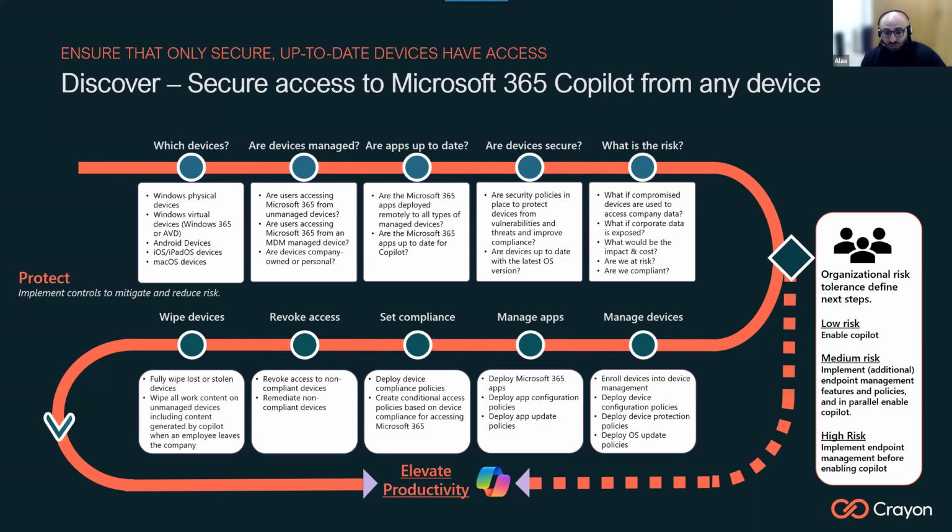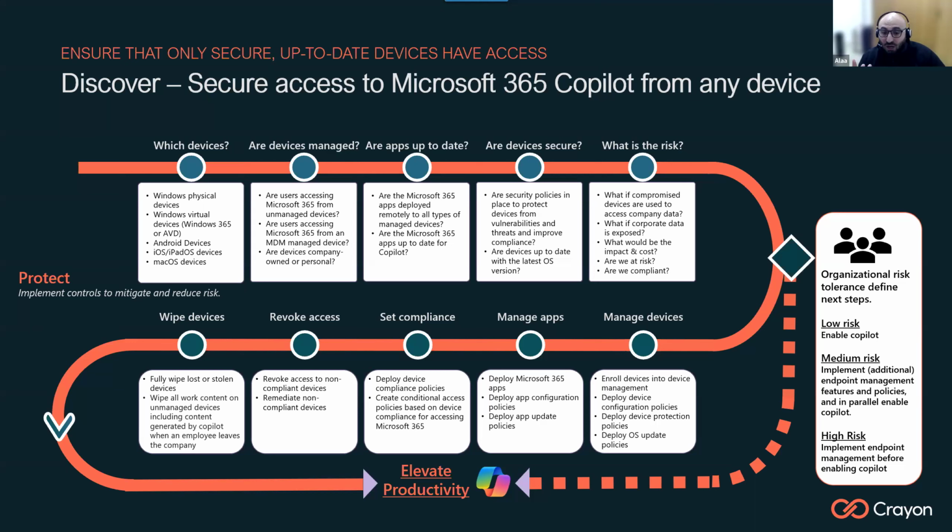Finally, we need to understand what is the risk. This involves a crucial risk assessment. What would be the consequences if compromised devices were used to access sensitive company data? What if the corporate data were exposed due to a security lapse on one of the devices? We need to analyze the potential impact and cost of such incidents.